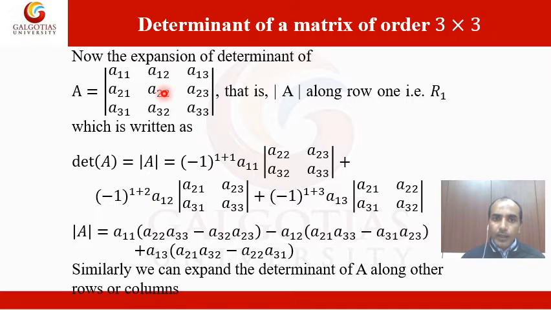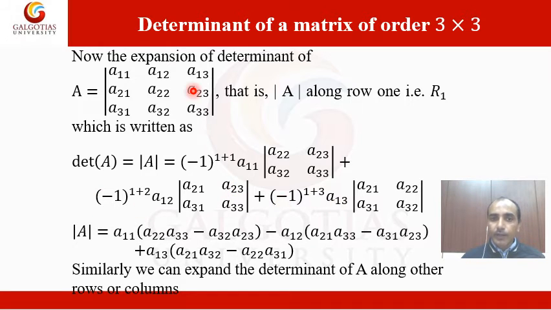Now A12 lies in first row and second column. So delete first row and second column and write the determinant of rest elements. Rest elements are A21, A23, A31, A33. So we write the determinant of A21, A23, A31, A33. This is the second part of the formula.